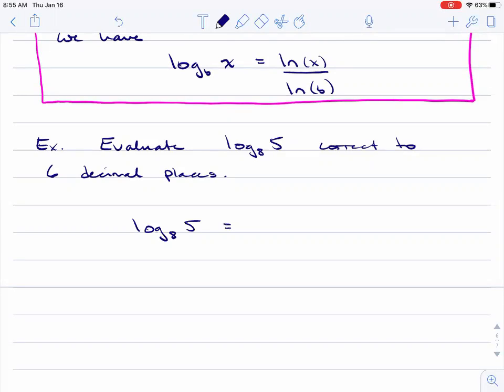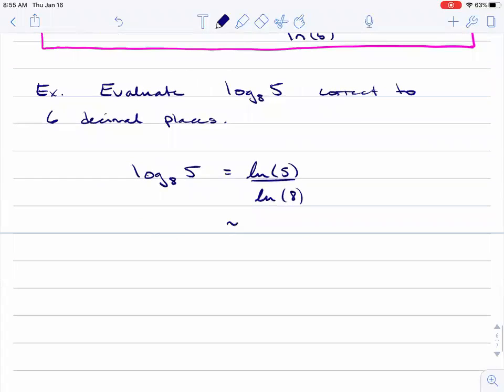Well, we can rewrite that as the natural log of 5 over the natural log of 8. That is the exact answer, but in this case we want the decimal approximation to 6 decimal places. If you take the natural log of 5 divided by the natural log of 8, I get roughly 0.773976. 1, 2, 3, 4, 5, 6. Nice.